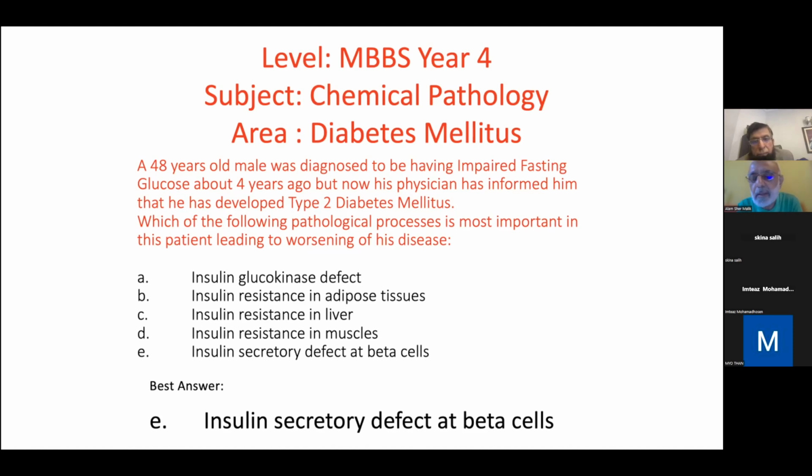Any other member want to say? So there's an element of test-wiseness in it, because even if option A becomes resistance, it's very easy to pick E as the odd one out.